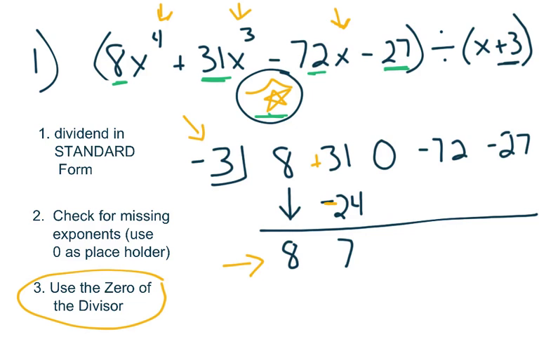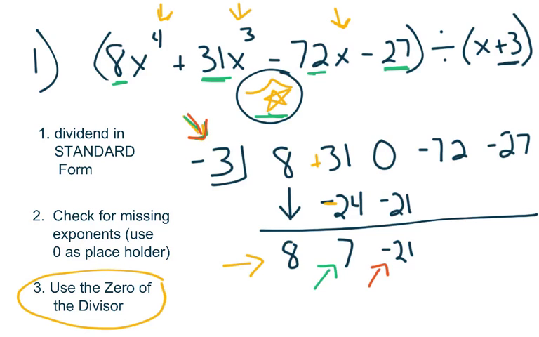Now I go back and I multiply the -3 and, oops, let me change where I put that, the 7. -3 times 7 is -21. So 0 minus 21 is a -21. Now I'm going to multiply again the -3 and the number under the line, which is -21.